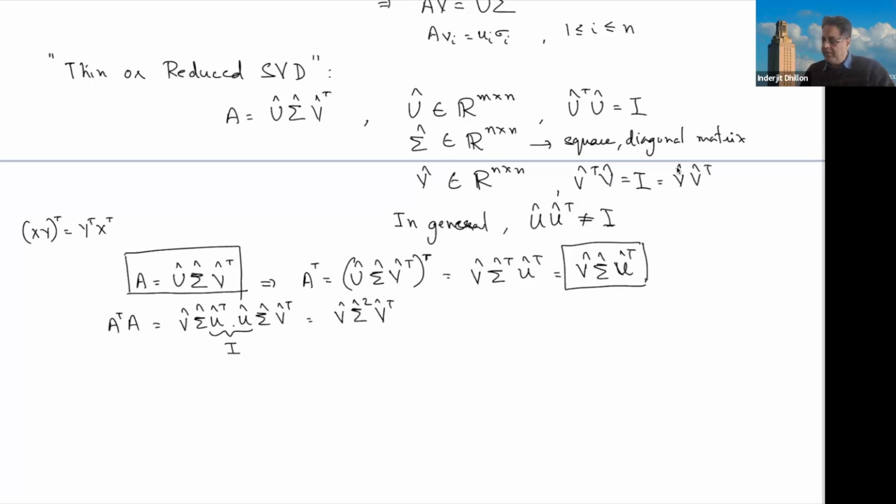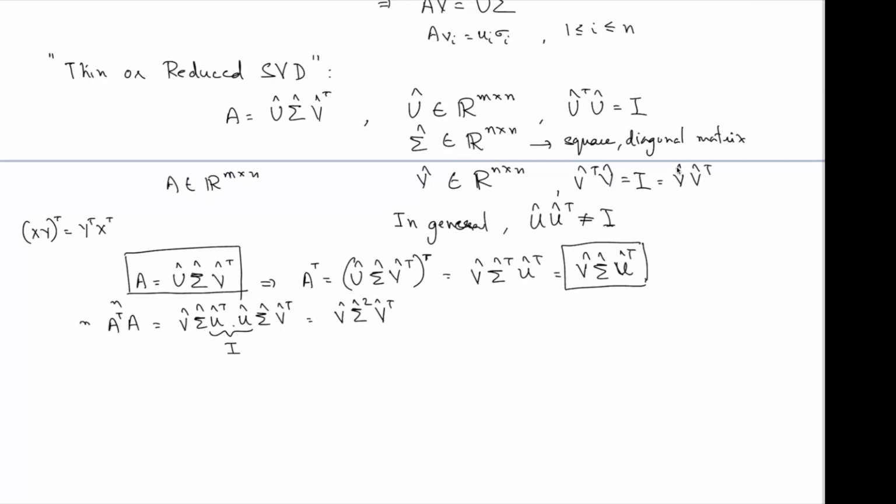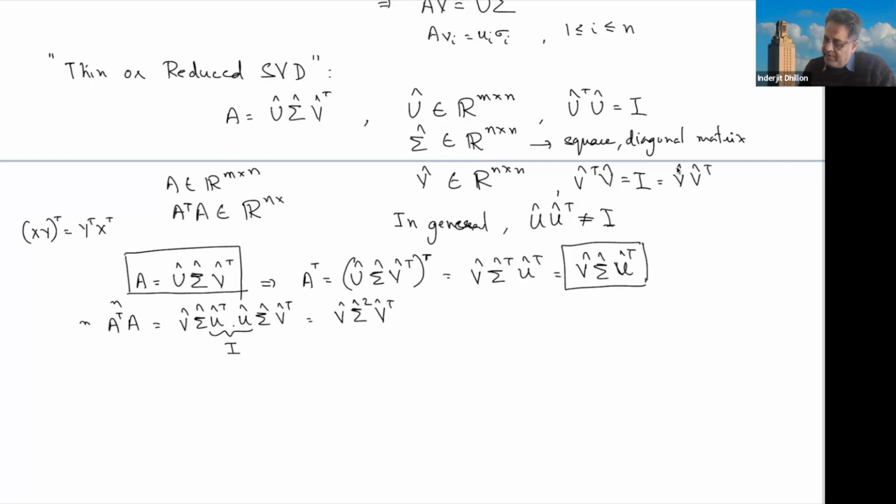Remember A is M by N, so A transpose A is N by N, a square matrix.